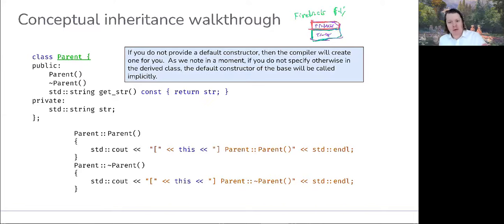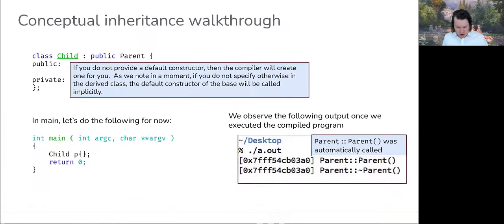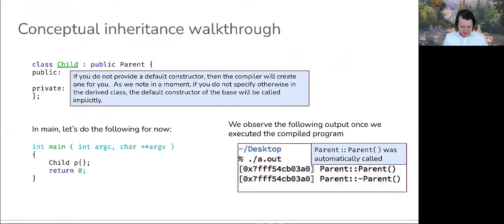That is why the default behavior would be that, if we're creating an object of the derived type, the default constructor of the base class will be called implicitly to set up the base portion so that any invariants that we have defined on that component are maintained.